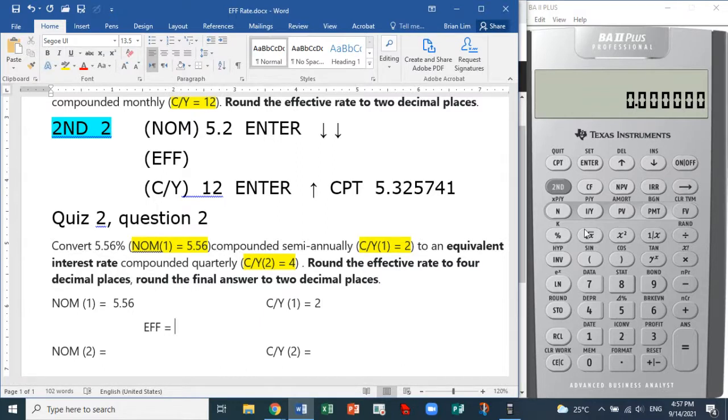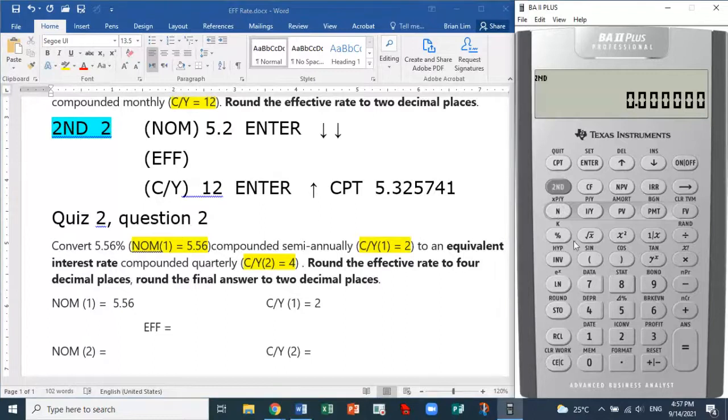Remember what we do? We go in here, you press second 2, just as it shows up there. So for nominal, we put in 5.56 and press enter. Now we go down twice, correct, to CY. CY is 2, and we press enter.